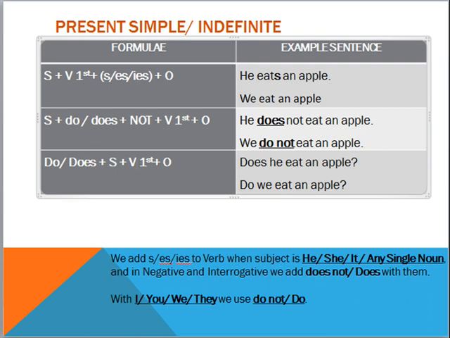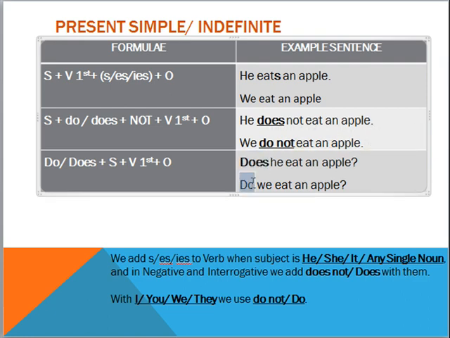In interrogative, do or does comes at the start of the sentence, after that subject, then verb's first form and object. An example is: does he eat an apple? Likewise, do we eat an apple? So that is affirmative, then negative, then interrogative.